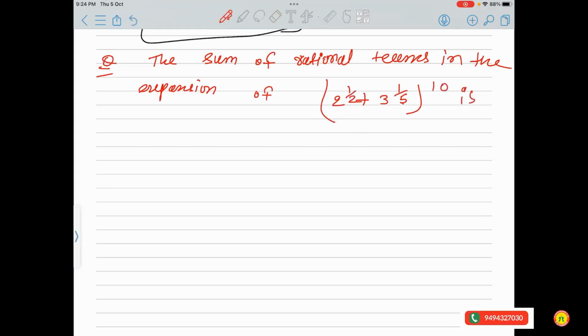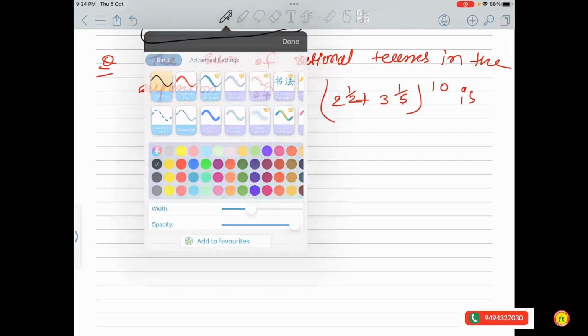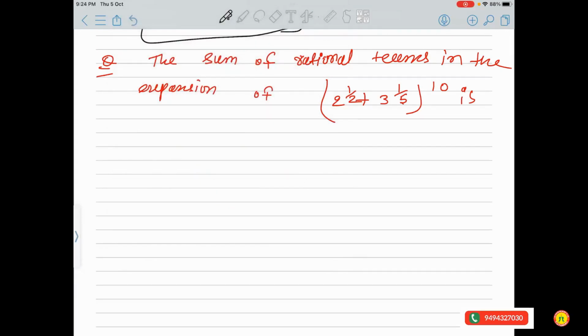Rational term means the power of 2 must be an integer and the power of 3 must be an integer, right? Root 2 is an irrational number, and 2 is a rational number. You already know this.